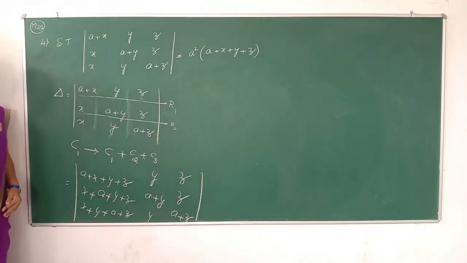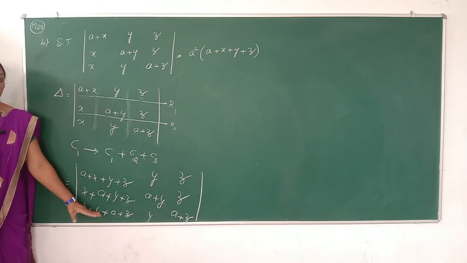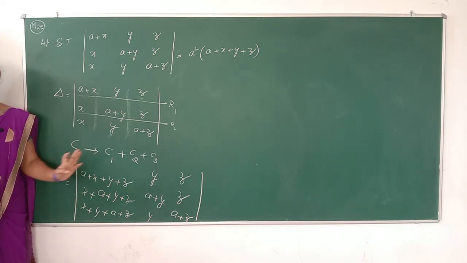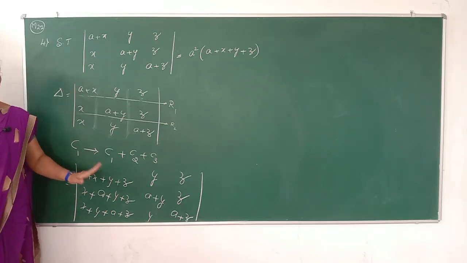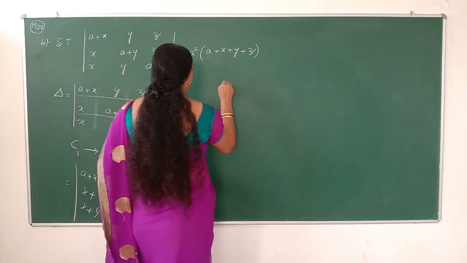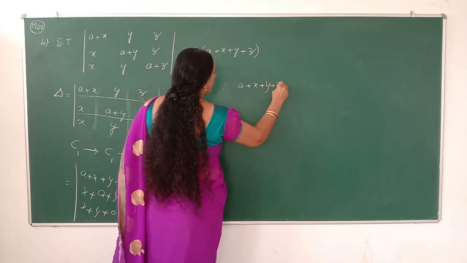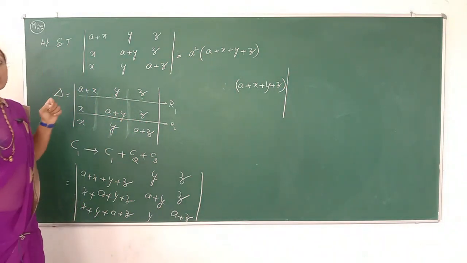So then we observe that all the elements of the first column are the same type of elements. These are nothing but a plus x plus y plus z, a plus x plus y plus z. Therefore, these are the common element, so that element is a common factor. A plus x plus y plus z is a common factor taken out of C1.